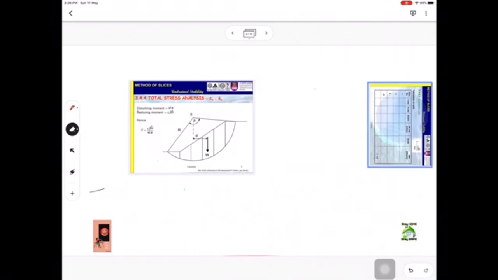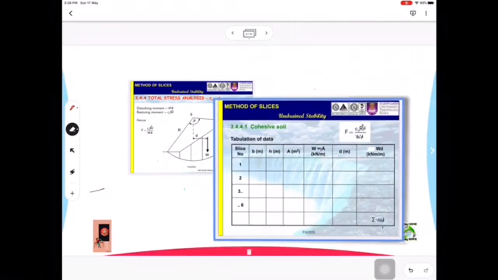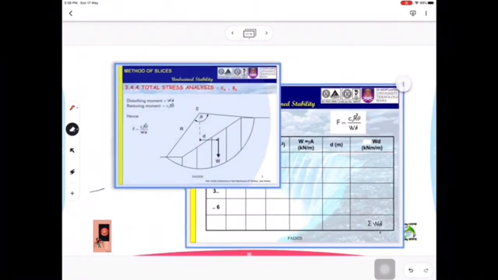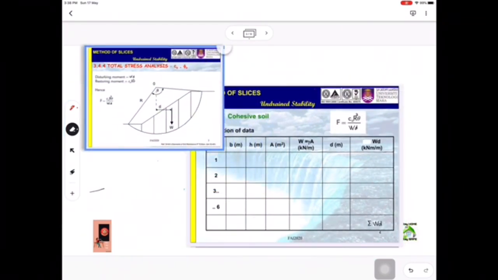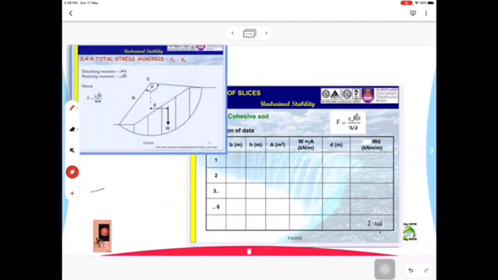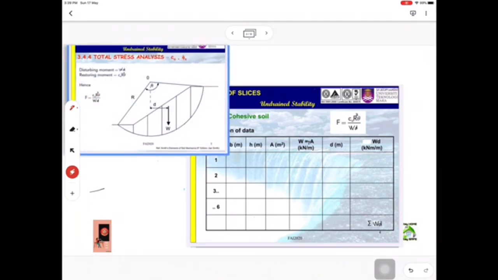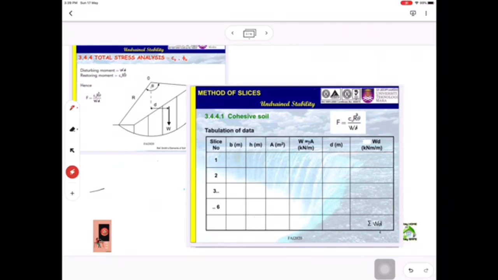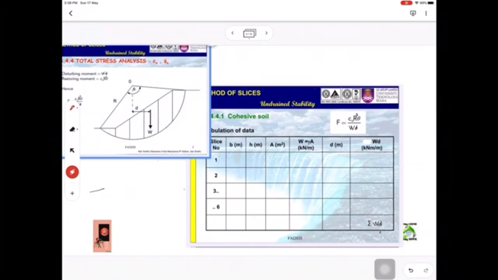You can see from the graph, remember just now we have 6 slices, right? So slices 1, 2, 3, 4, 5, and 6.